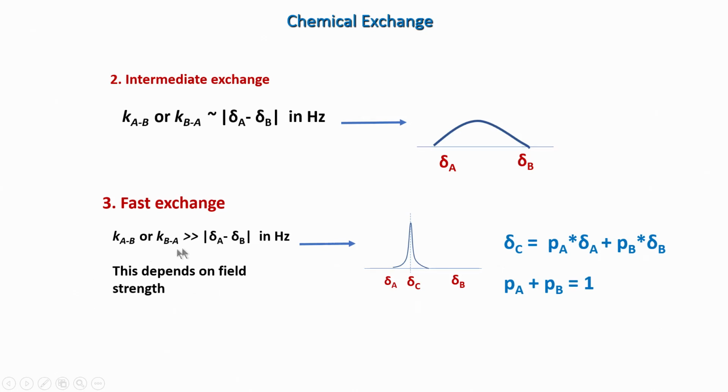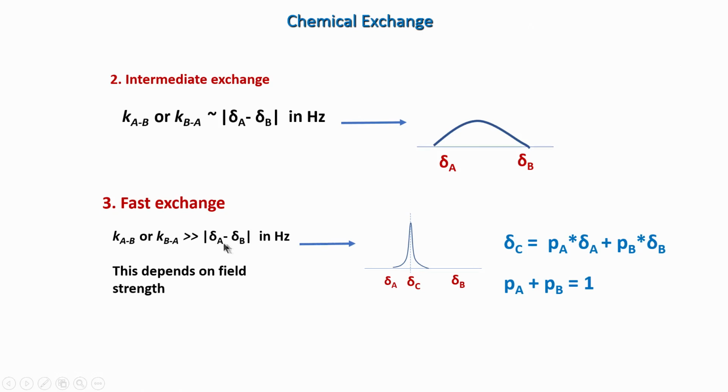Now, as I mentioned earlier, this whole concept of chemical exchange, whether it is fast or slow, depends on the field strength. If I go from 400 megahertz to 800 megahertz, my field will double, which means this delta will be doubled. Let us say this is a 3 ppm difference; 3 ppm on a 400 megahertz proton spectrometer is 1200 hertz, but the same 3 ppm at 800 megahertz will be 2400 hertz.